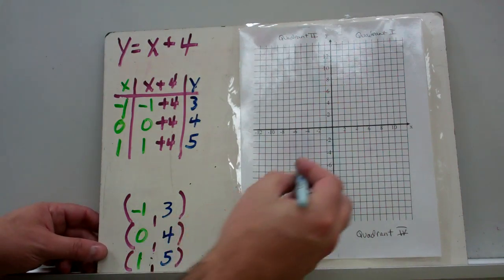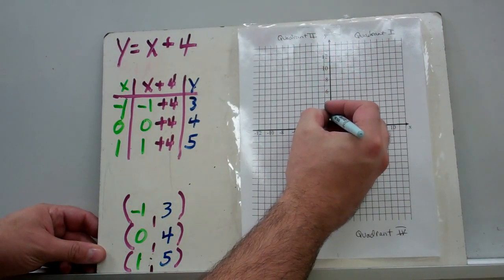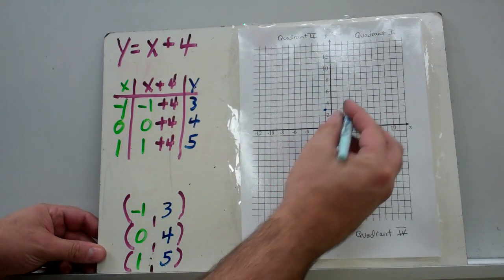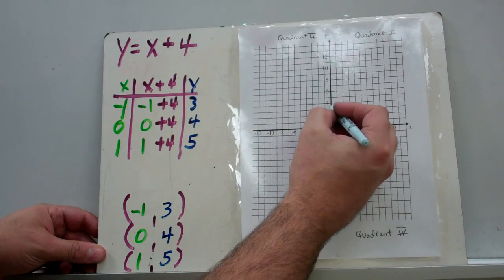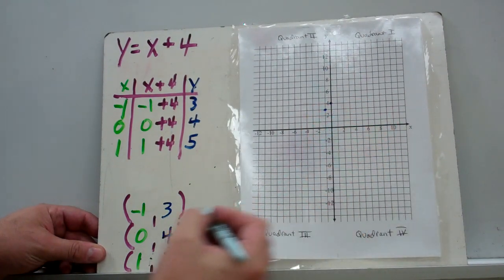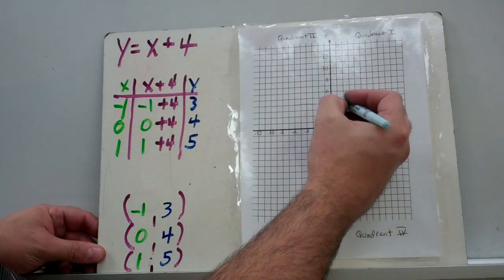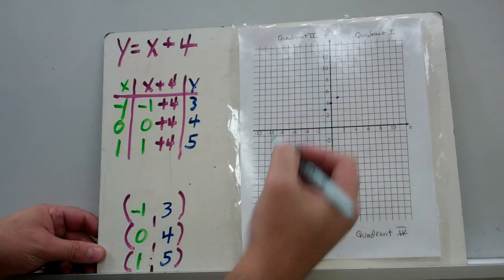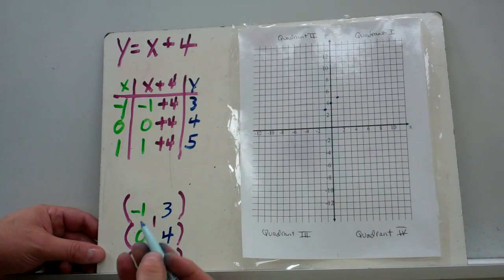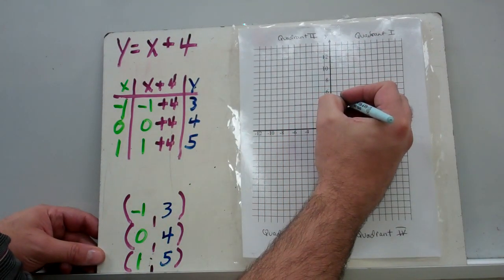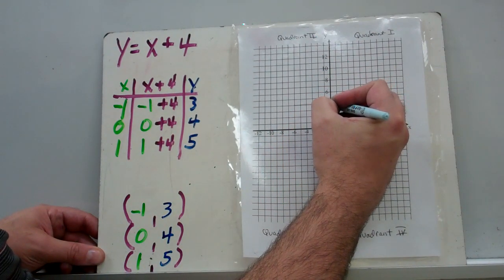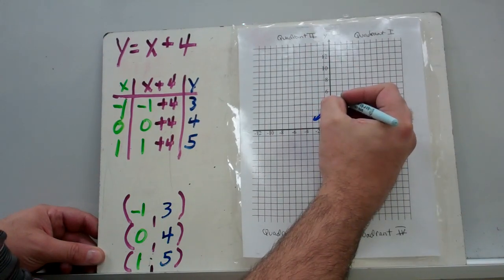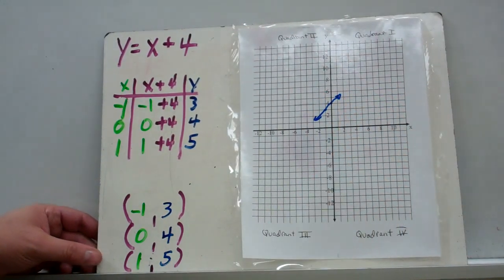So let's go ahead and plot these. (-1, 3), (0, 4), and (1, 5). And there's our 3 coordinates plotted. We can draw our line. And there we go.